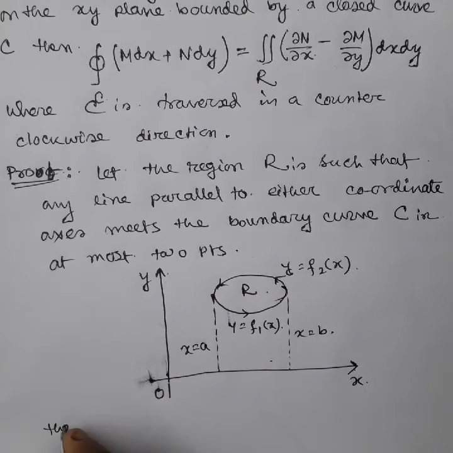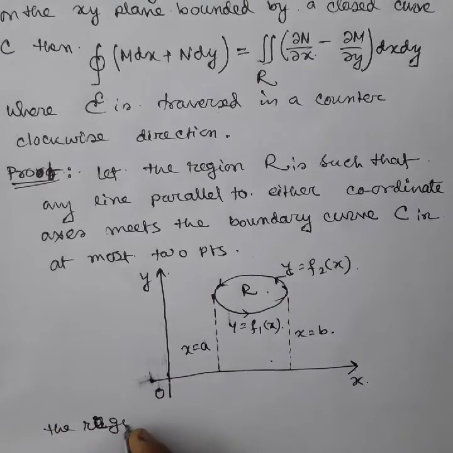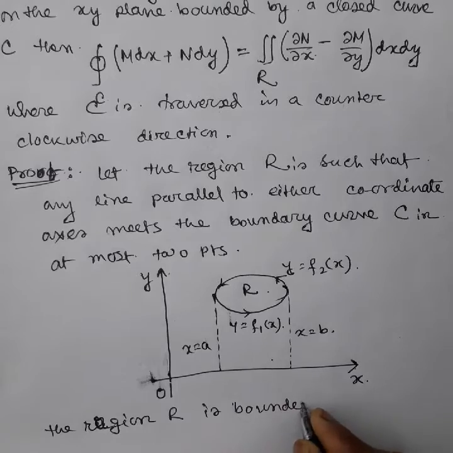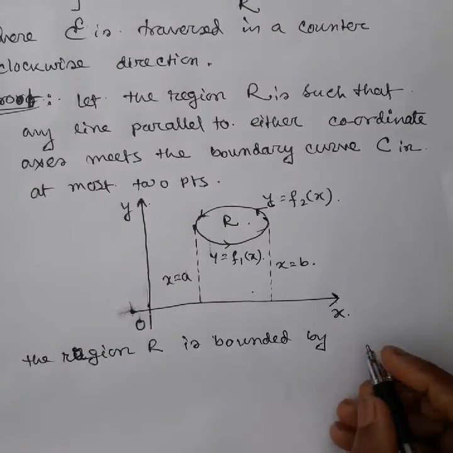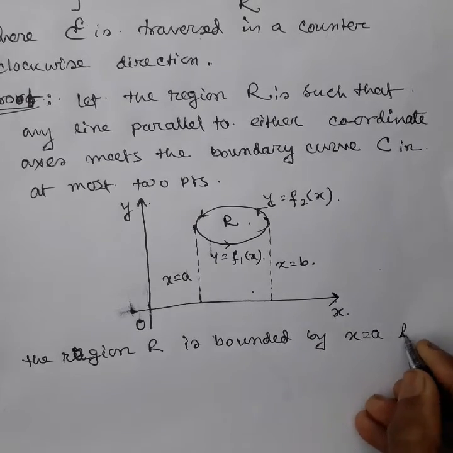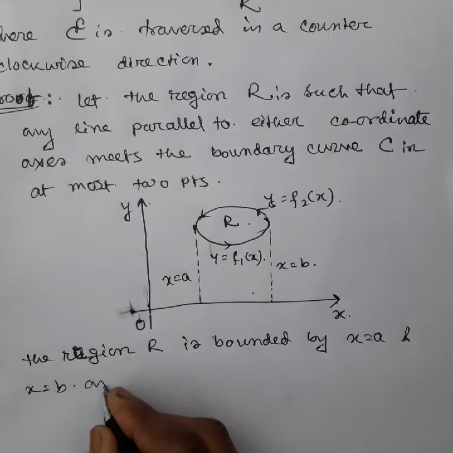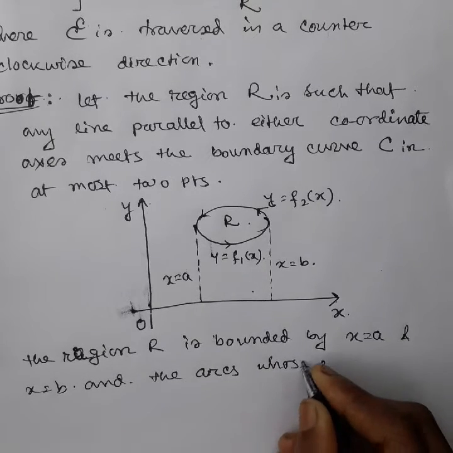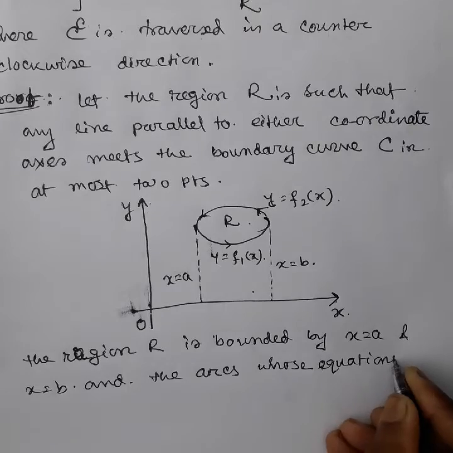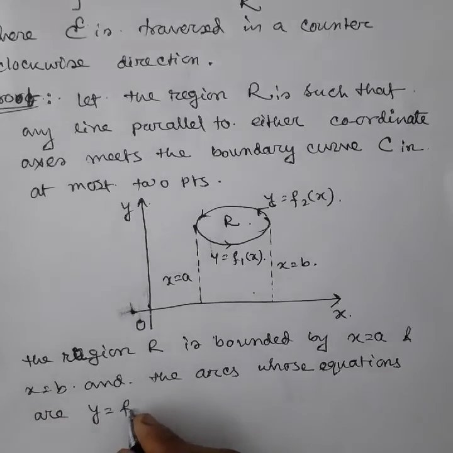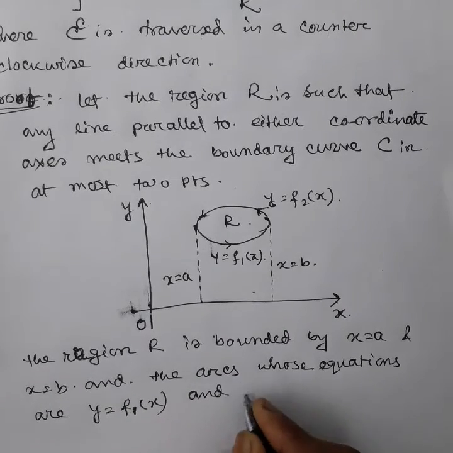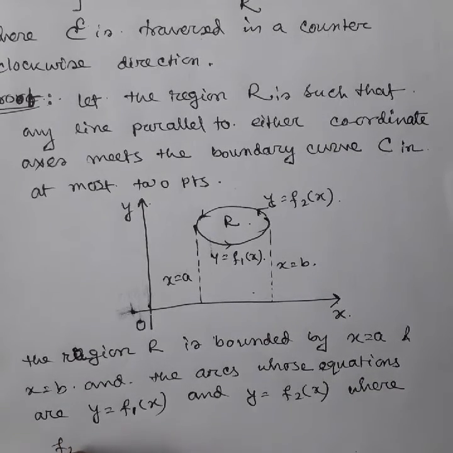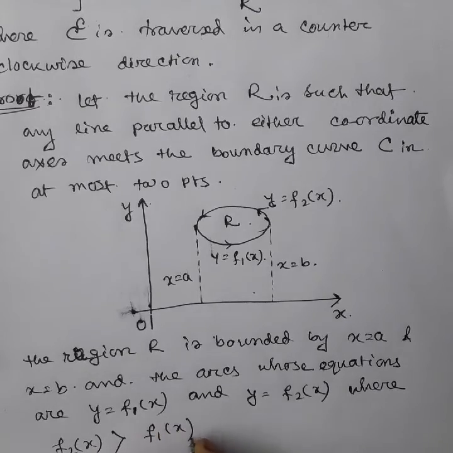Here the region R is bounded by x equals a and x equals b, and the arcs whose equations are y equals f1(x) and y equals f2(x), where f2(x) is greater than f1(x).